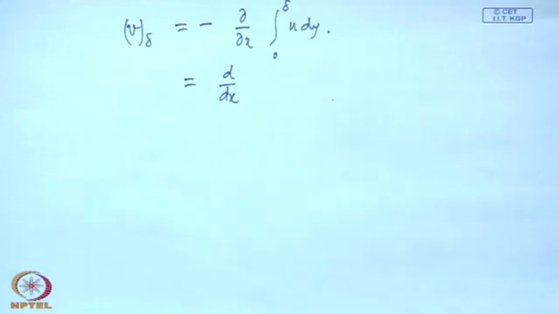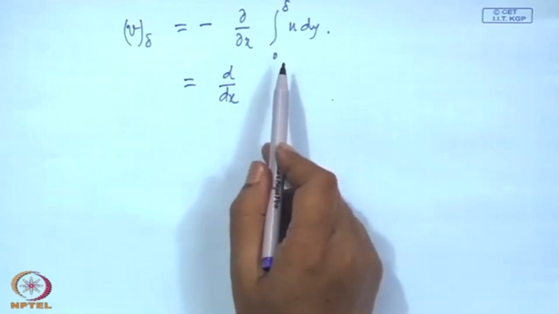How has VE come here? UE into delta star minus delta. How did you get a delta star minus delta? Since you have got a delta star, you must have brought in UE also here.